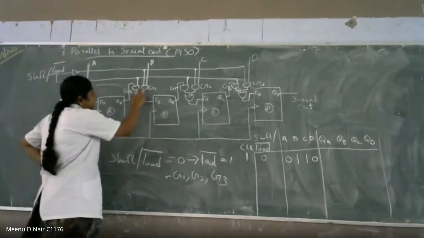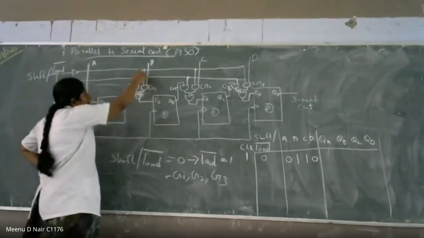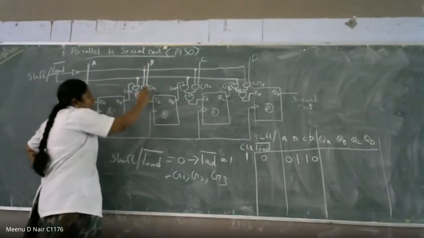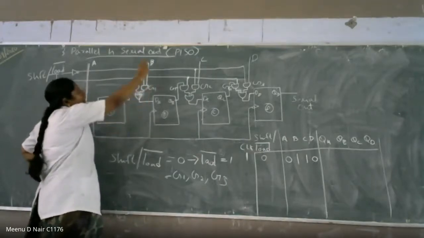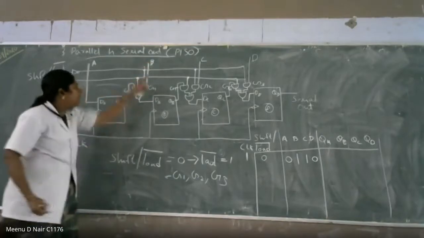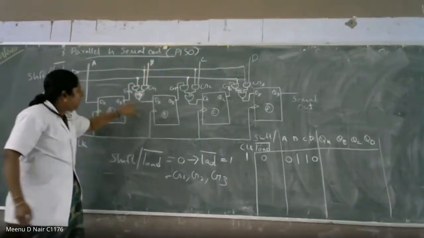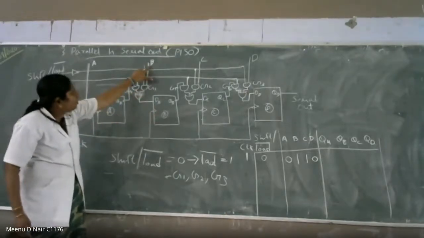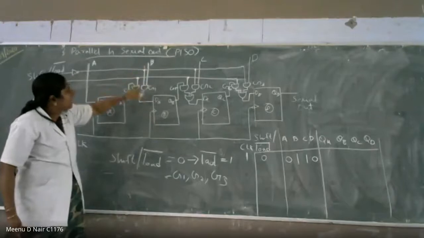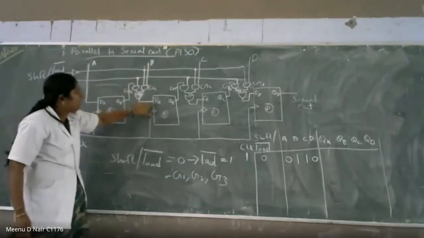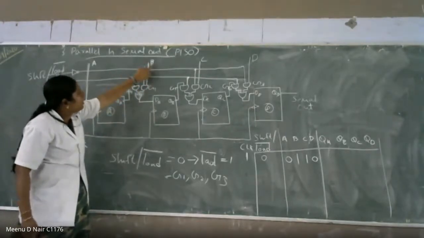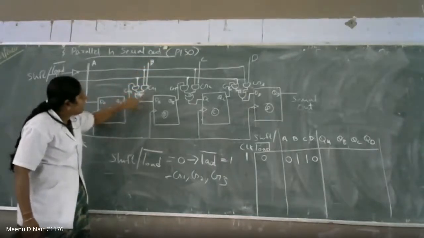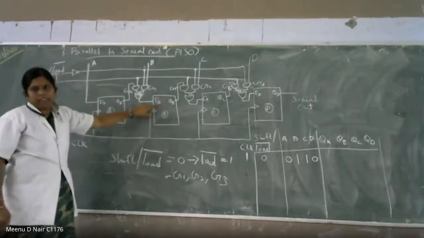Then for this AND gate, this point is 1, so the output of the AND gate will depend only on B. If B is equal to 1, the output 1 will be given to DB. If B is equal to 0, the output will be 0. So whatever is the input in B, it will be taken from G1 and given to DB. That is the meaning.